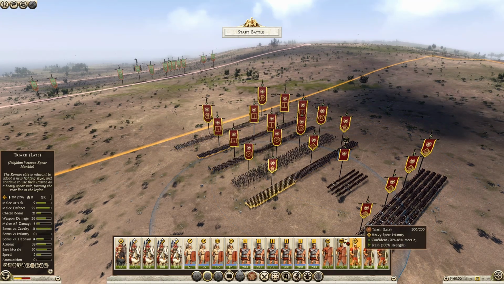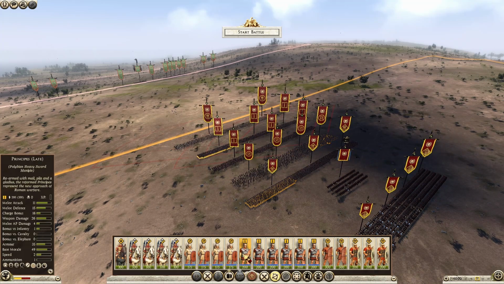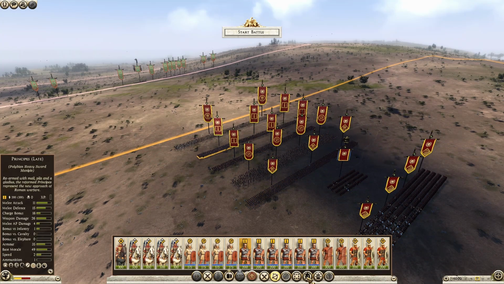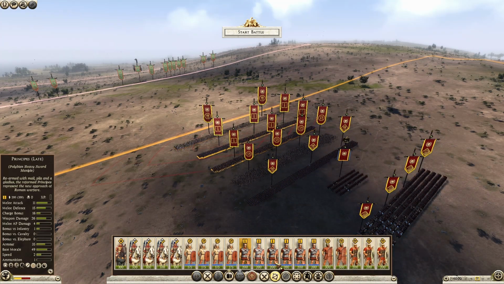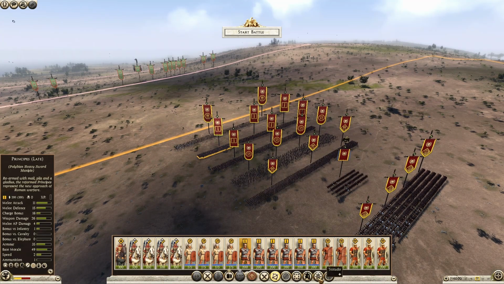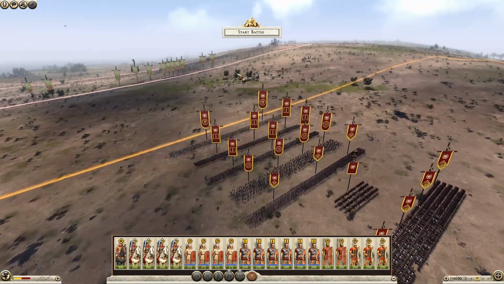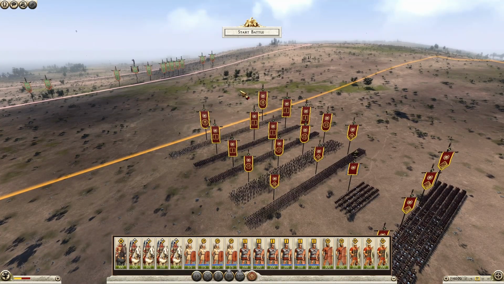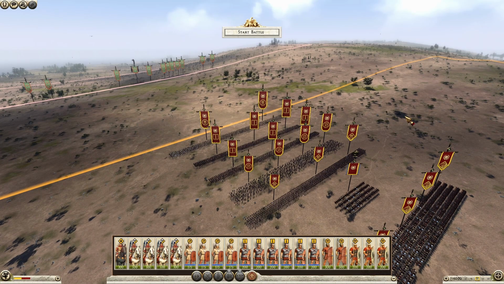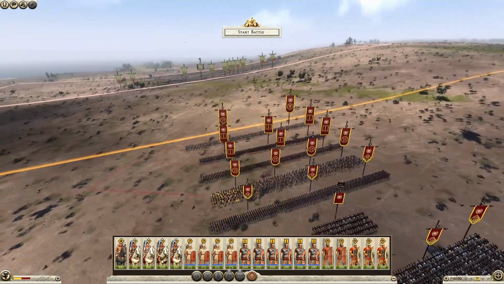The Triary has really good stats, very good melee defense, very good armor, and we have a wide range of formations. Every unit of ours will have a defensive formation, we have hollow square, and we have testudo formation. But all of these just increase their durability, just increase their defensive power. We have almost no offensive power as the Roman.